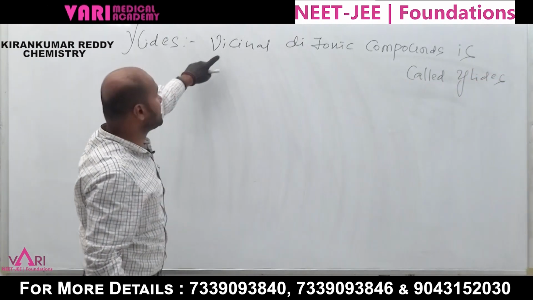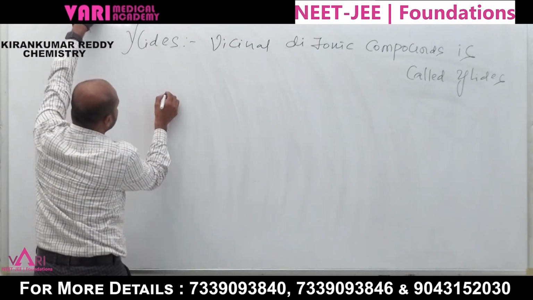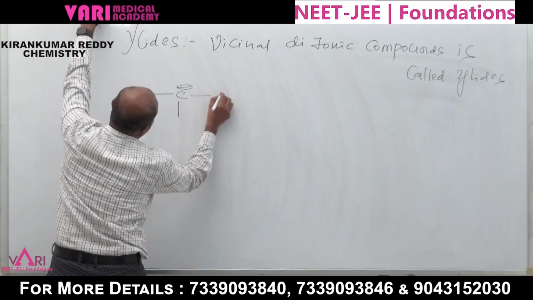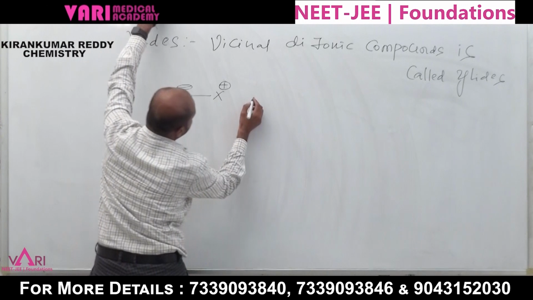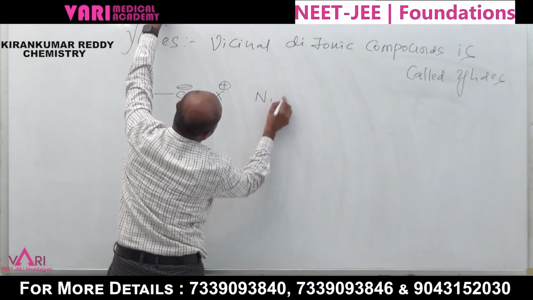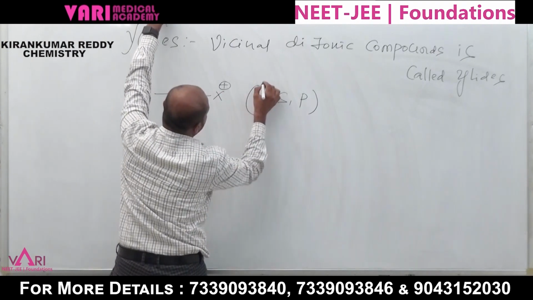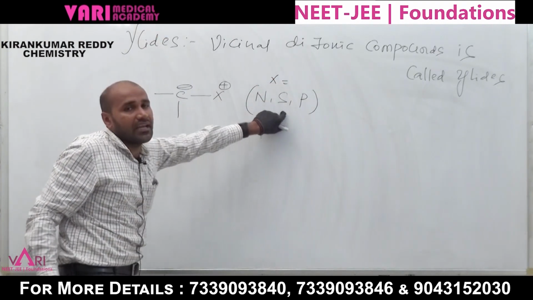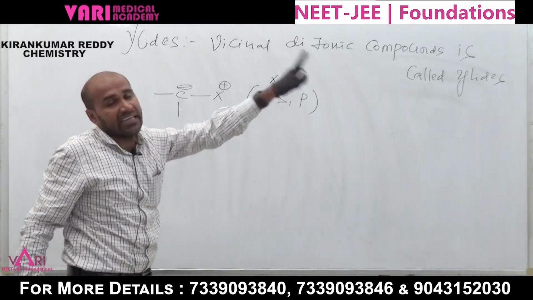Ylide means vicinal dipolar compounds. For example, we can write R-C minus, with X plus next to it. In the X place we can write nitrogen, sulfur or phosphorus. A vicinal dipolar compound is called an ylide.